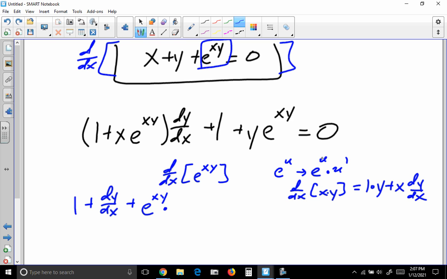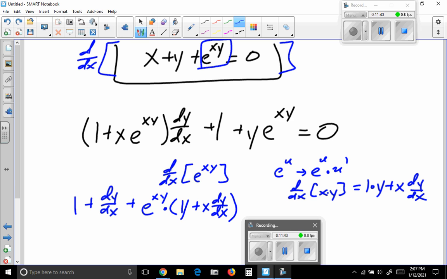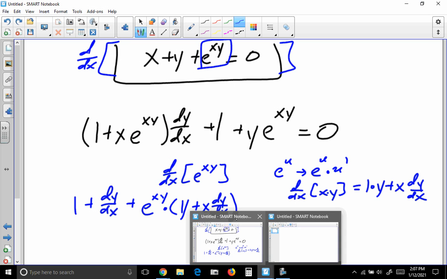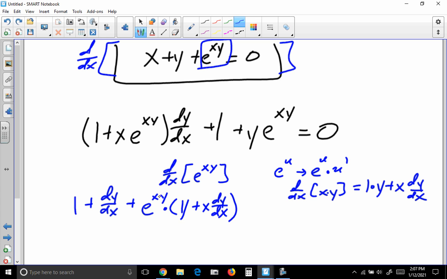So when we do e to the u prime, this is y plus x dy dx. So e to the power times the derivative of the power. And then the derivative of the right side is 0. Now the question is, does that look like what we have there?